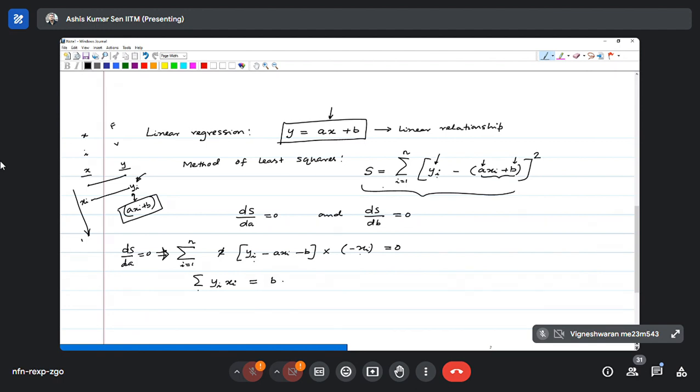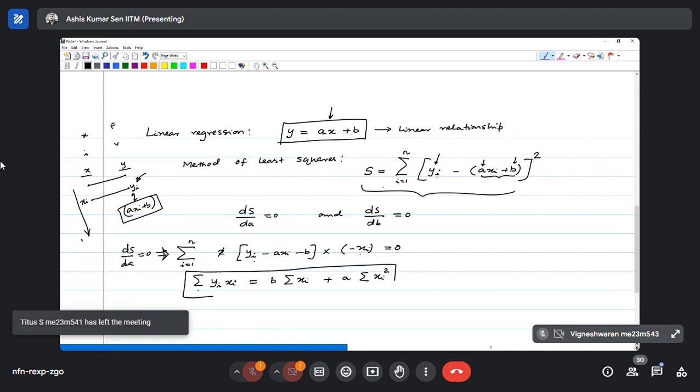So b into sum xi plus a into sum xi square. So this is one equation I get.